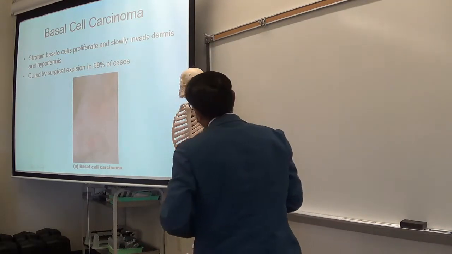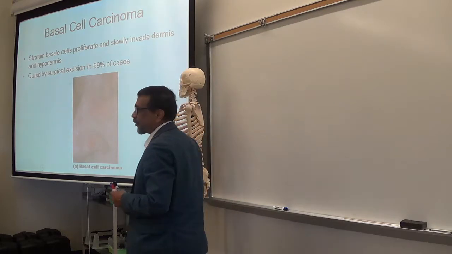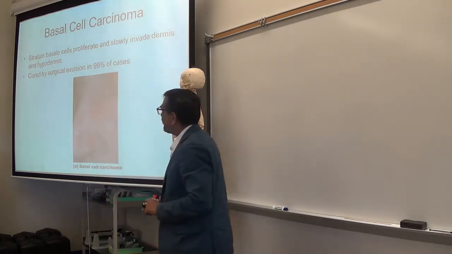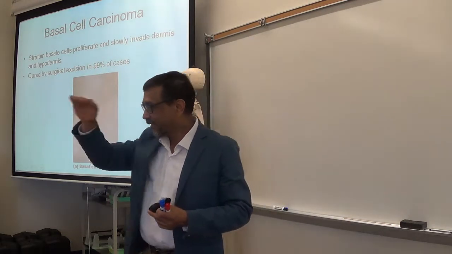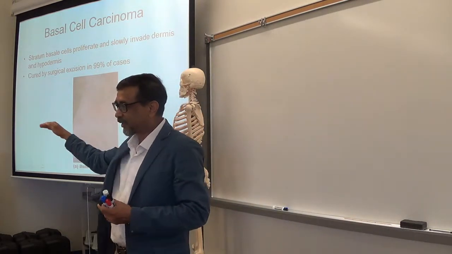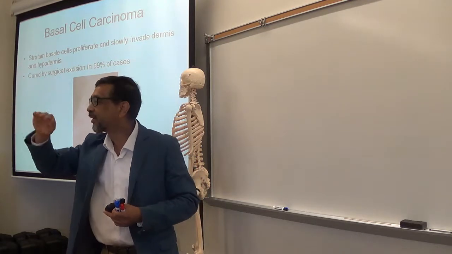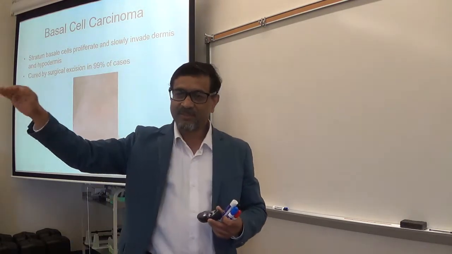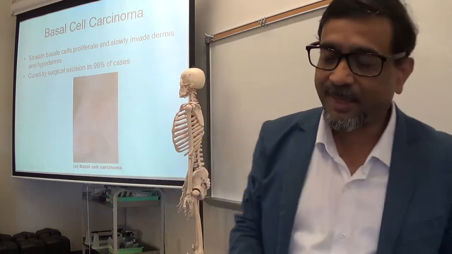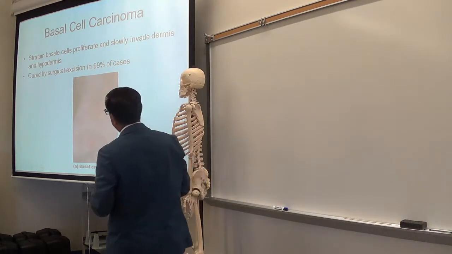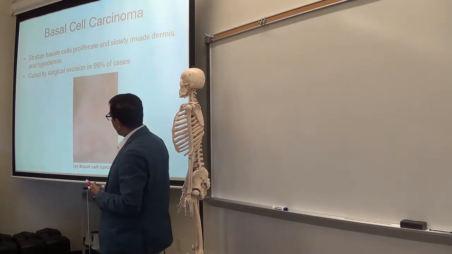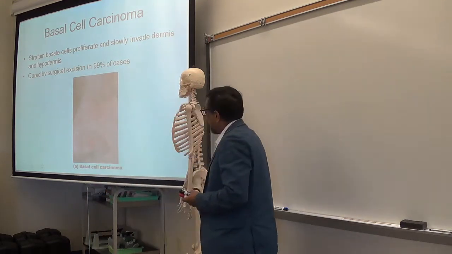Basal cell carcinoma, in this type of carcinoma, stratum basale cells are involved. Stratum basale, the innermost layer of the epidermis, we talked about that in last class, has stem cells, right? So if that layer's cells proliferate and invade into the dermis and hypodermis, that is basal cell carcinoma.